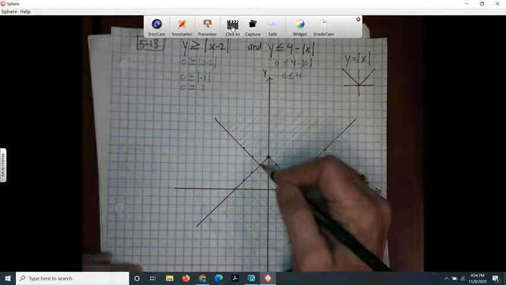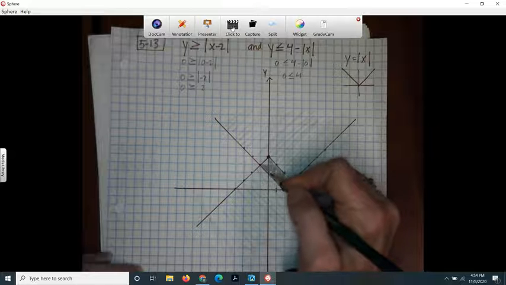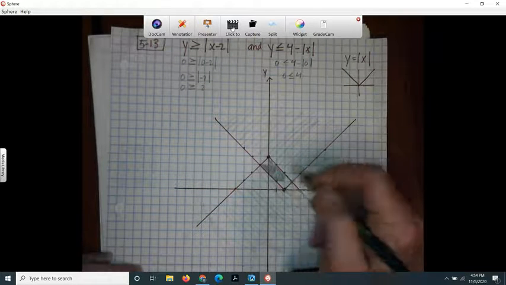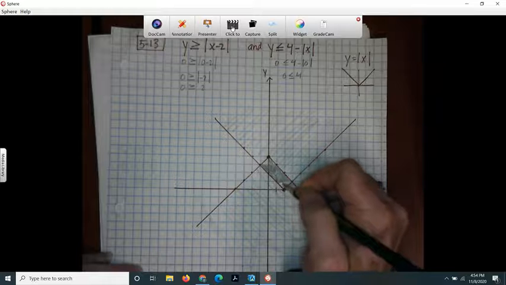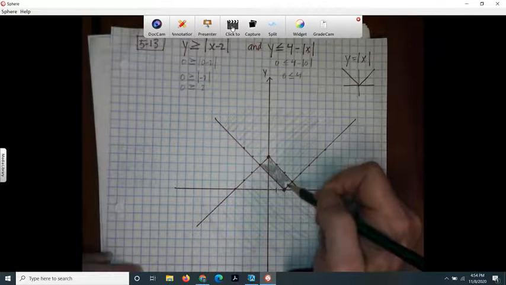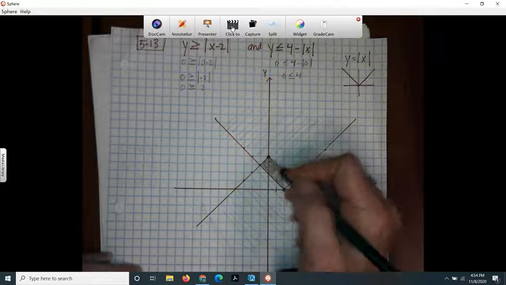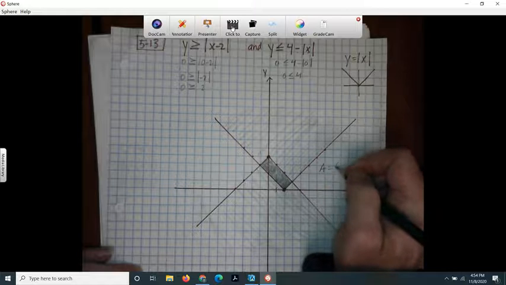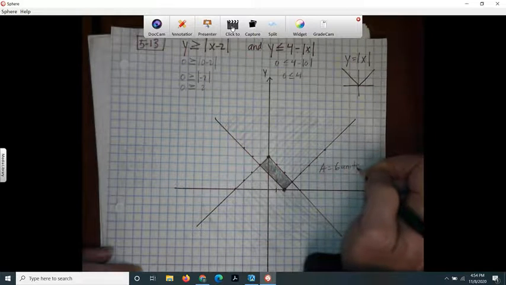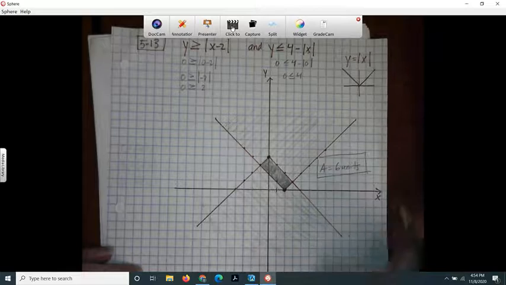So how many squares do I have so far? 1, 2, 3. Shade these, that'll give me 4. Shade these, that gives me 5. And then these 2 triangles, if I add those together, give me a total of 6. So the area equals 6 units. I hope some of you were resourceful enough to do it this way.